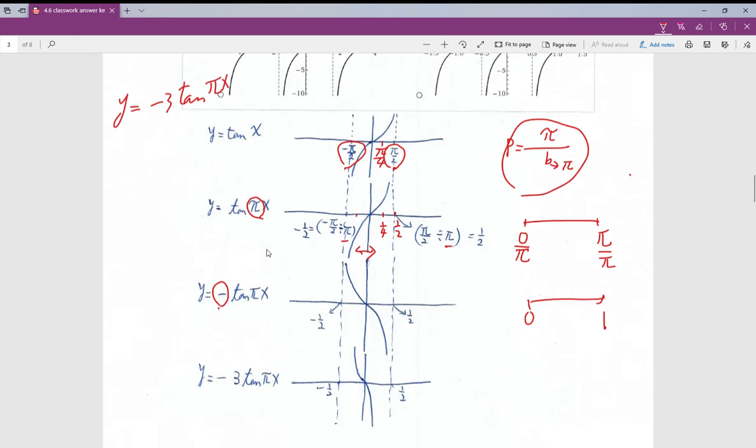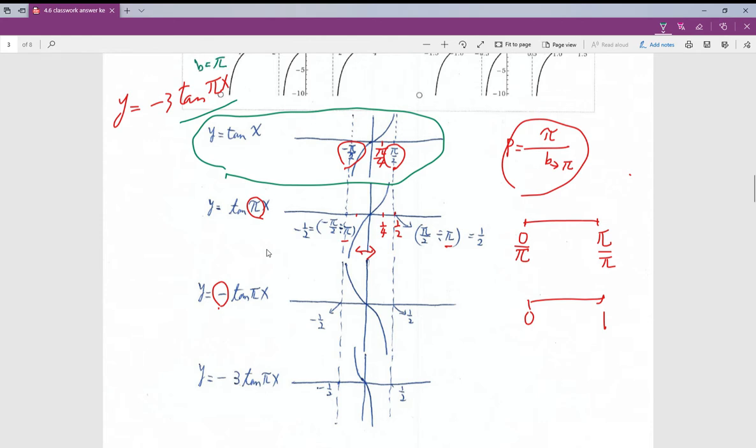Okay, so first we need to graph the parent function. You need to memorize that. And I have some trick here to make it easier for you to graph. If we have the formula to calculate the new function, our new function has b equal to pi.